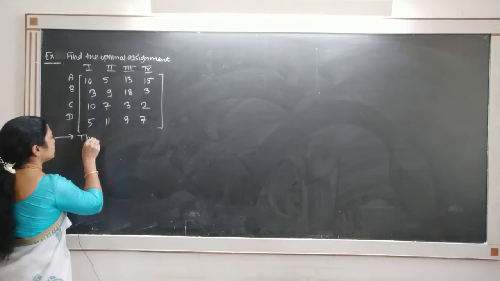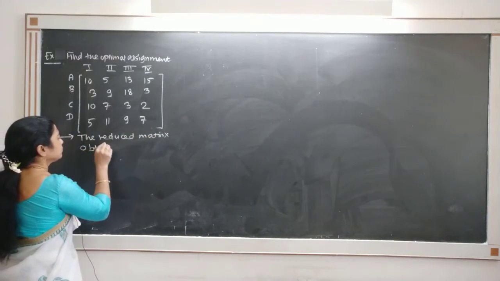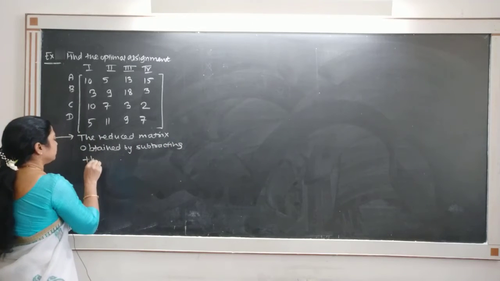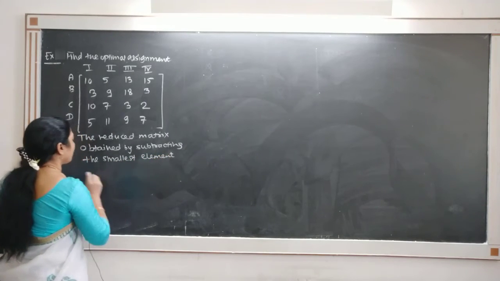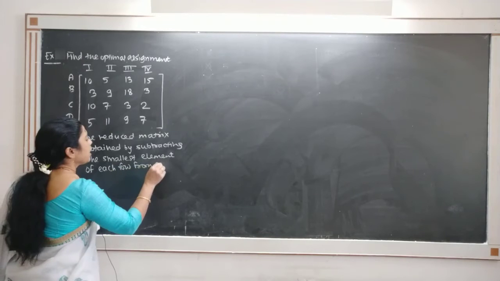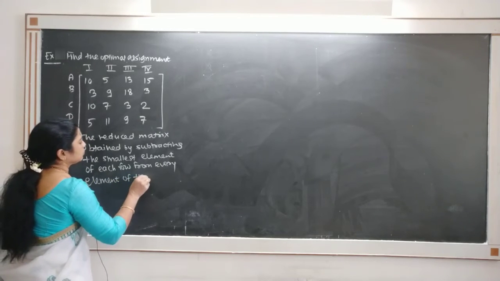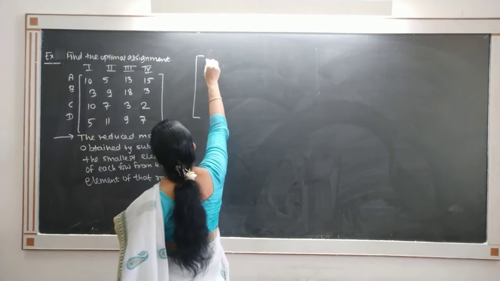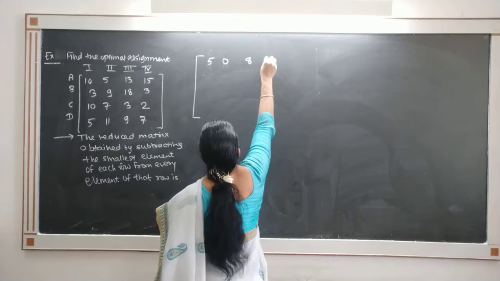So, the reduced matrix obtained by subtracting the smallest element of each row from every element of that row is: in the first row the smallest is 5, so subtract 5, remains 5, 0, 8, 10.